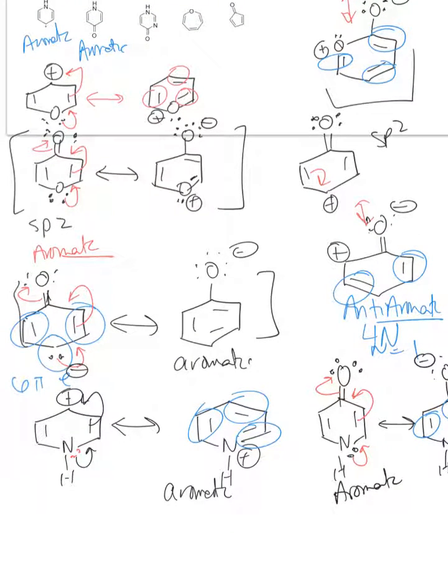Okay, so then our next compound is this compound here. There's nitrogen, a carbonyl, and that nitrogen in there, drawing our lone pairs.